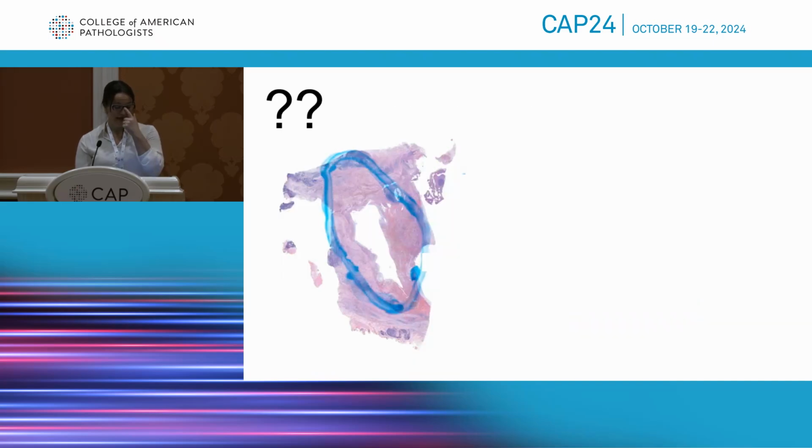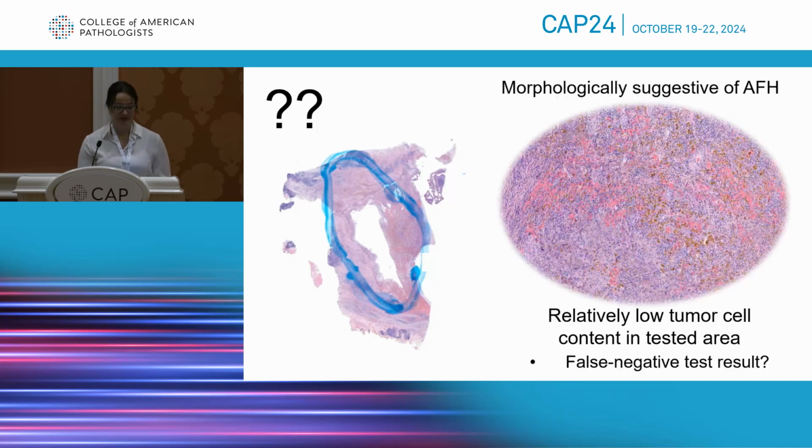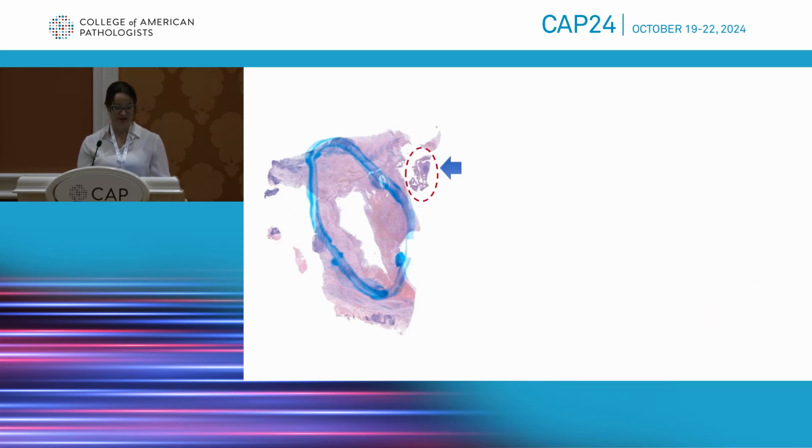And when you look at the actual specimen, because the likelihood was so high, it was really puzzling, you notice that there was a relatively low tumor cell content in the tested area because the tumor is inflammatory. So likely the result was a false negative due to contamination of the non-neoplastic tissue.